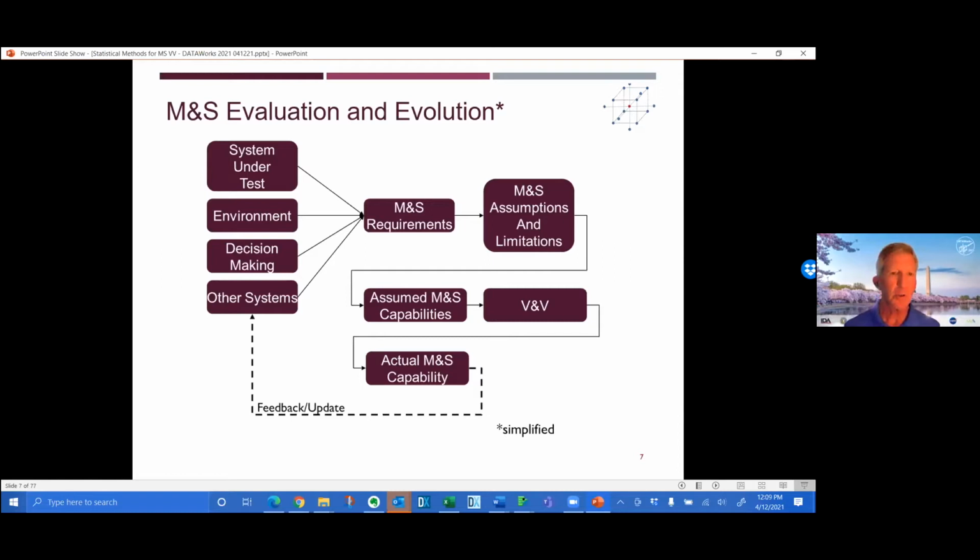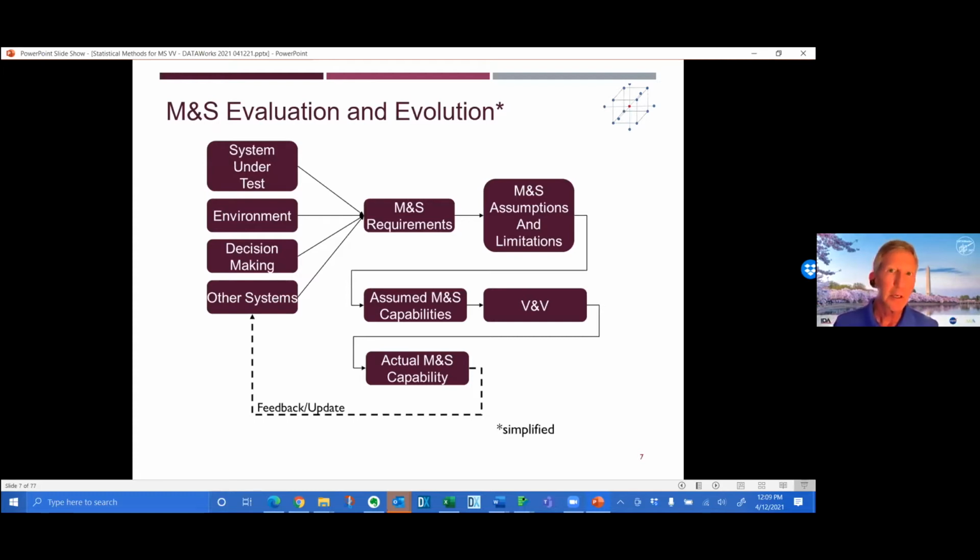Basic also in terms of processes to be thinking about is what is the process flow, if you will, for an M&S. And the process flow does not have a starting block and an ending block necessarily. It has a loop, and you see that here as well. That we're going to combine some model or simulation of a system under test.